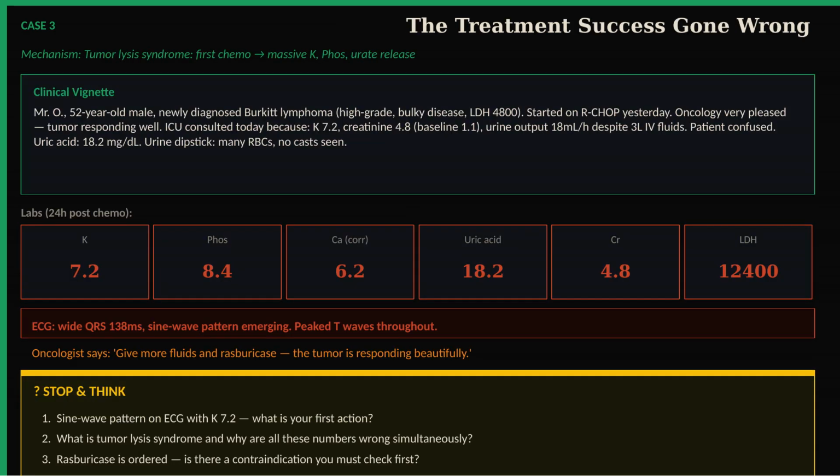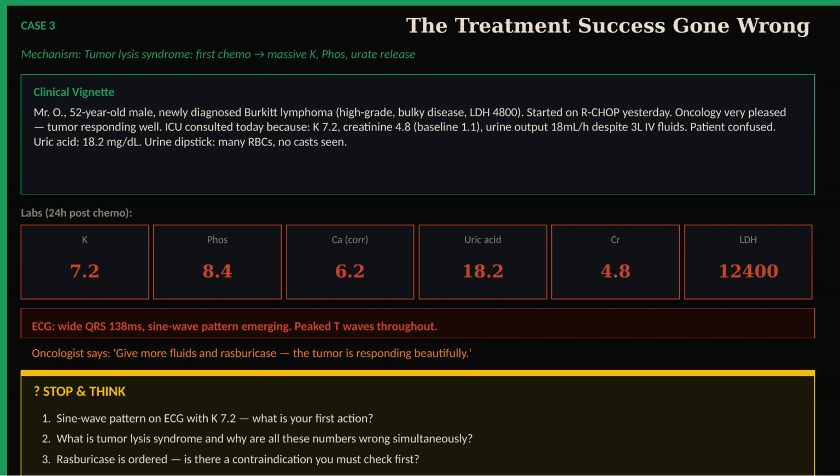Mister O, 52, newly diagnosed Burkitt lymphoma, high grade, bulky, and LDH of 4,800. He started R-CHOP yesterday, and oncology is delighted. The tumor's responding beautifully. But you get consulted today because his potassium is 7.2. His creatinine has jumped from 1.1 to 4.8, and his urine output has dropped to 18 milliliters an hour despite 3 liters of fluid.